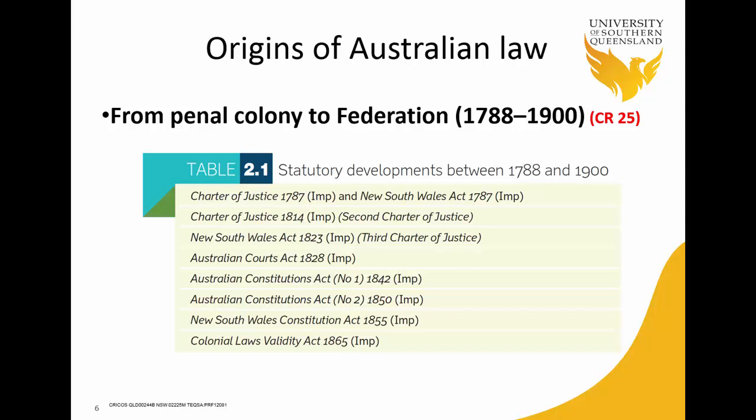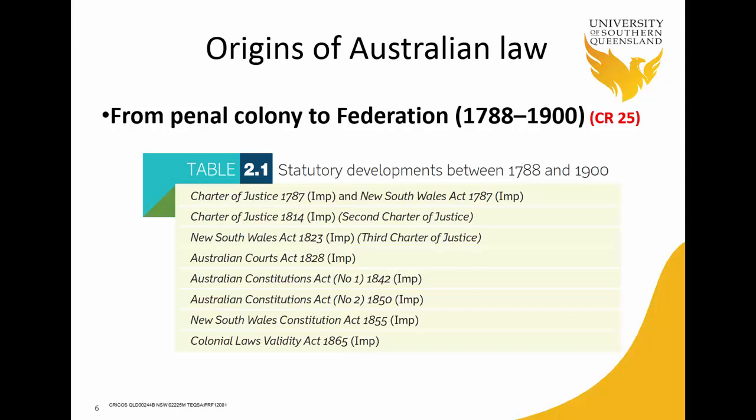And this charter, the first one in 1787, established the penal colony of New South Wales and it was the authority for the establishment of the court system. So the first thing we did was not to establish parliament, it was to establish a court system. But how would the court system apply or work if there's no law in the land?